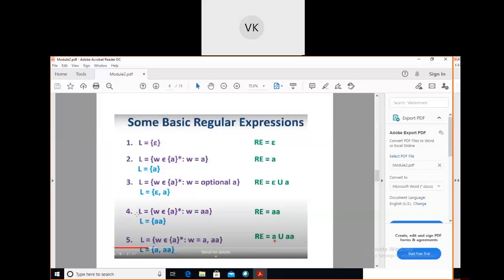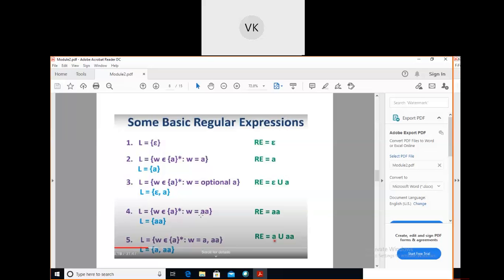Fourth example: L is a language of a set of strings W over an alphabet, where W is equal to aa. The meaning is that the finite state machine accepts only the string aa.